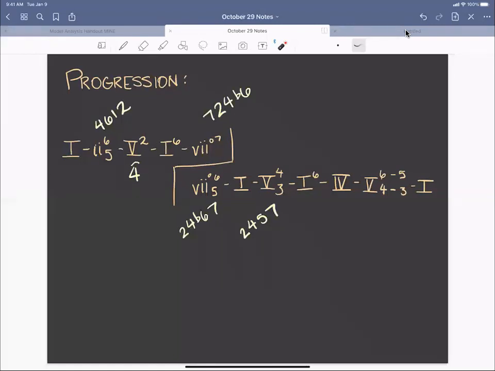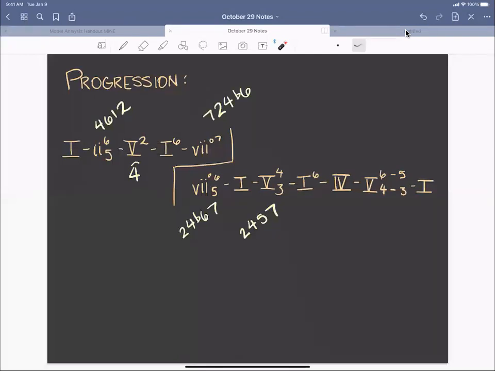Whole step on the bottom here. 3, 5, 1, 5, 3. Think about where scale degree 7 is. Hear it. Go ahead and sing it. Check yourself.